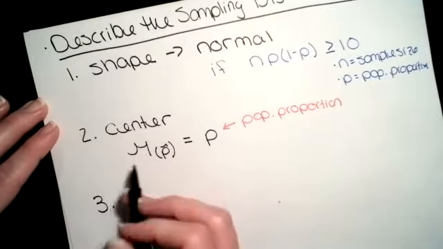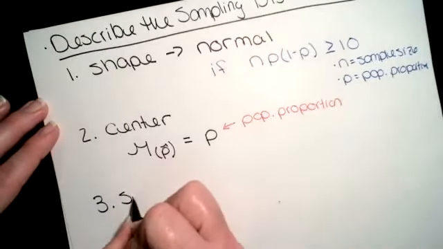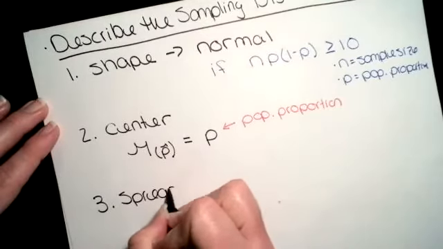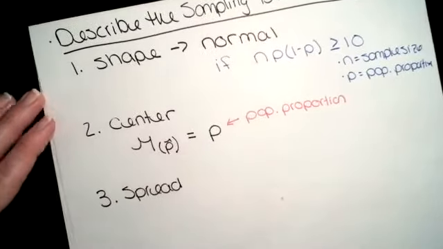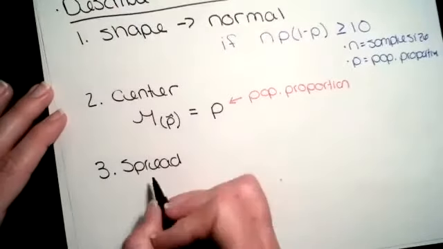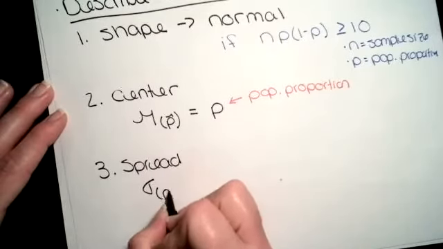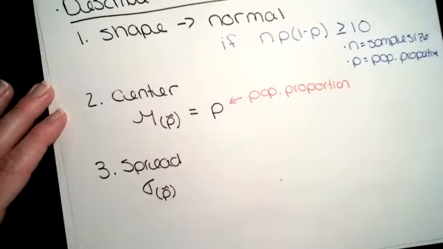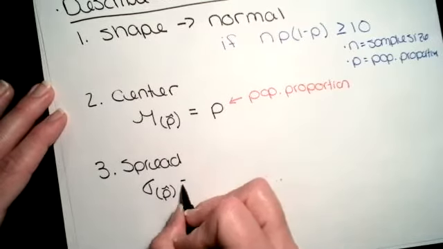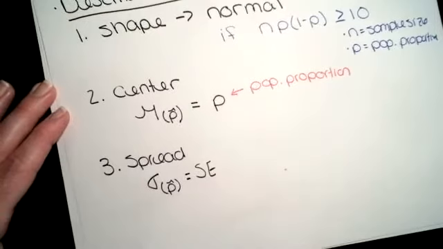The last thing we want to talk about when we describe a distribution is the shape. The spread. So with the spread of the distribution, very similar to last class, I'm looking at standard error again. So I'm just going to write out all the different notations. It's the standard deviation of my p hats. Same thing as last class, but we don't call it the standard deviation of p-hats, we just call it the standard error.